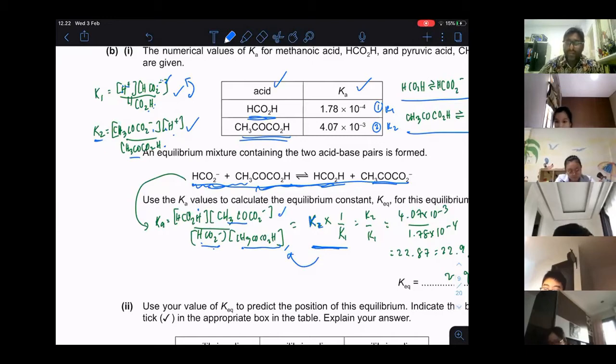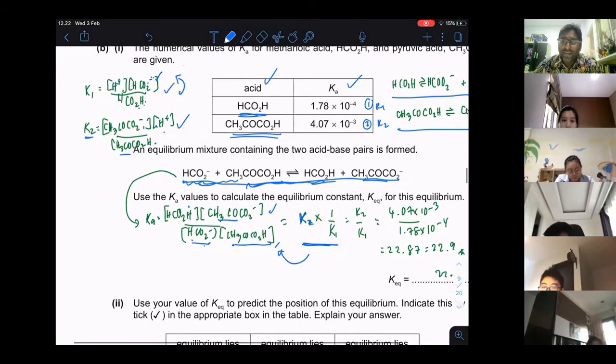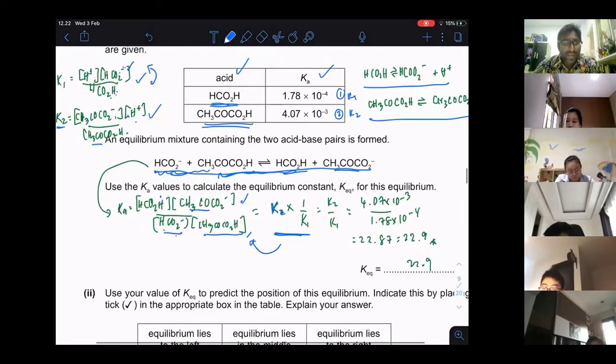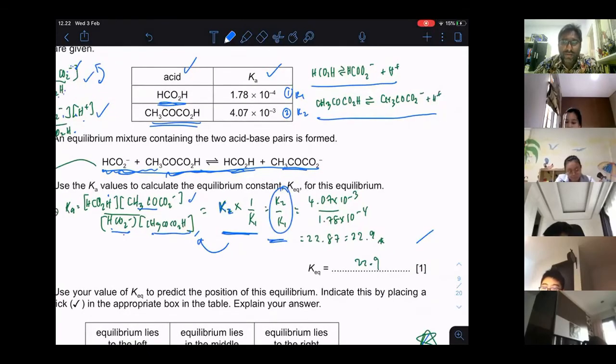Once I get that expression, okay, so thank you. So delocalize into the pi or overlap with the ring. So basically, Aneta, you say the lone pair of electrons delocalize into the pi system.